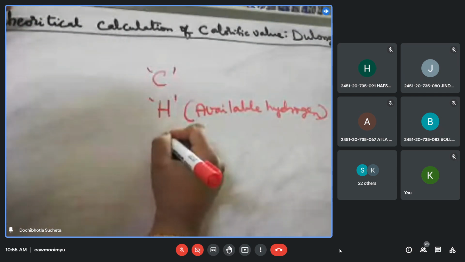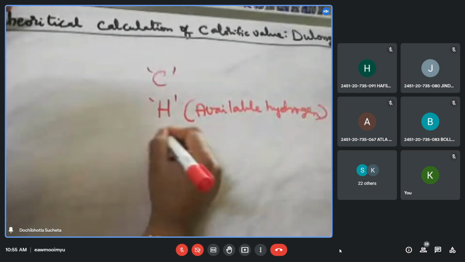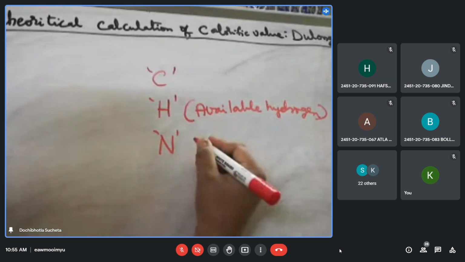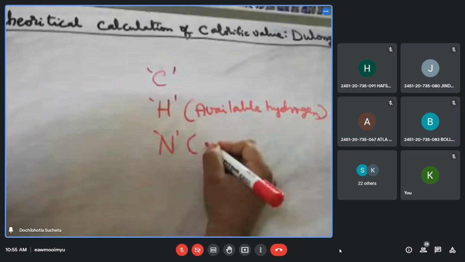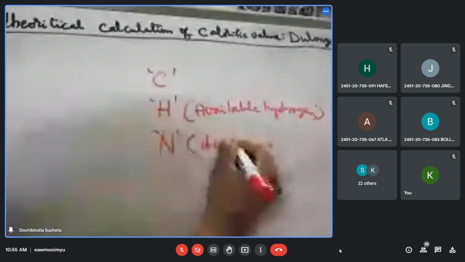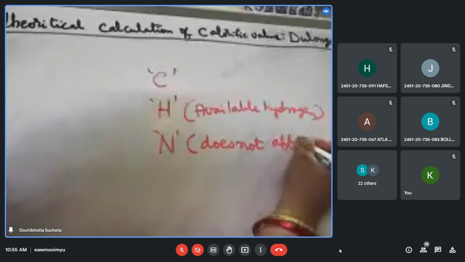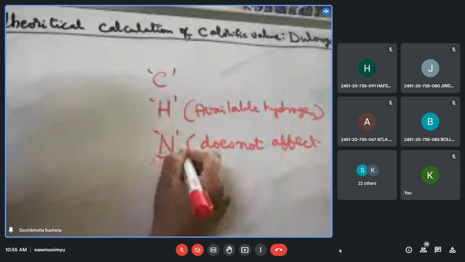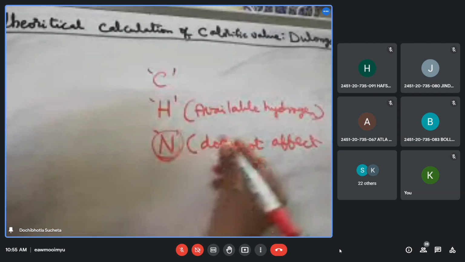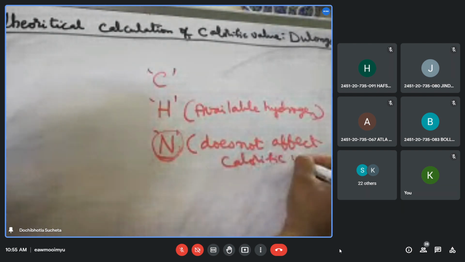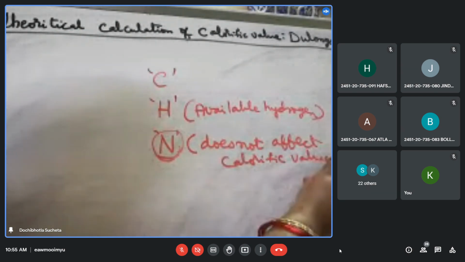Next, nitrogen is another element which I have analyzed for. Nitrogen is a neutral element, it does not affect combustion or calorific value. So we are not much bothered about it.